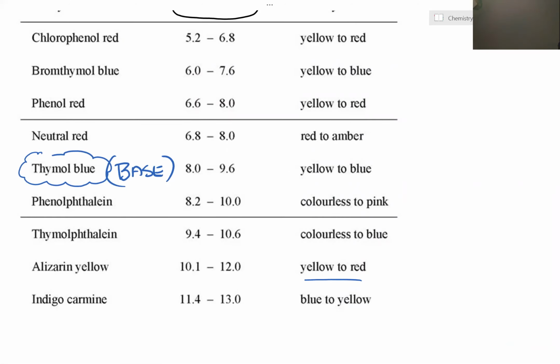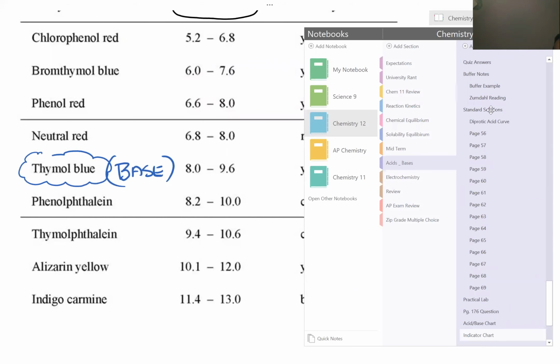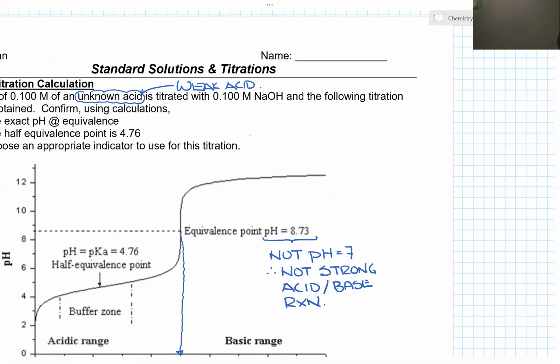So for this particular reaction, it would either be thymol blue, the base form, or phenolphthalein. So if we were to ask a question like this, I could say phenolphthalein.